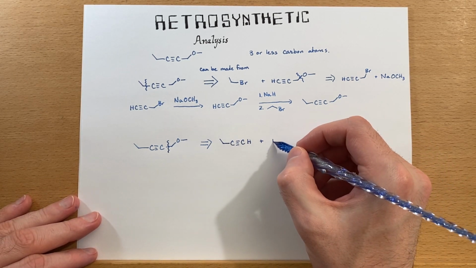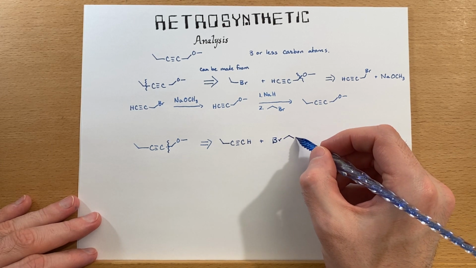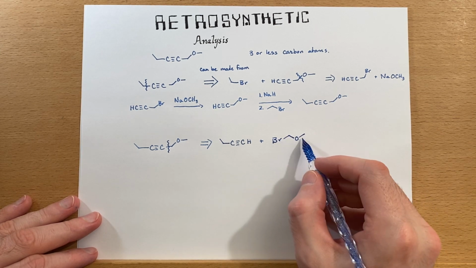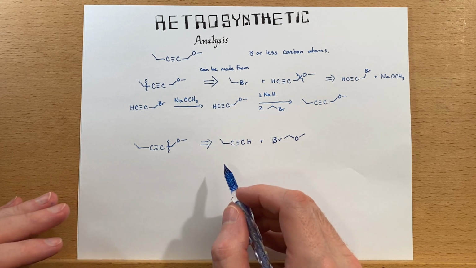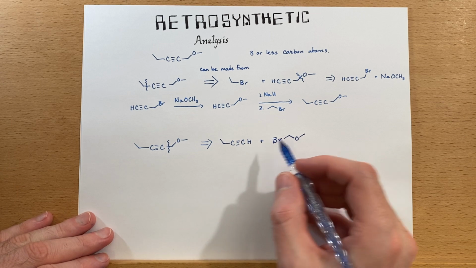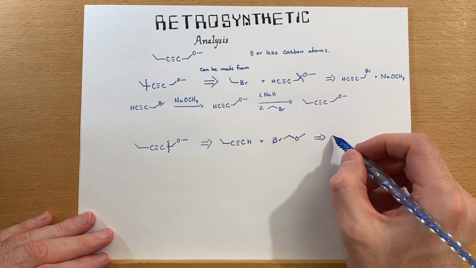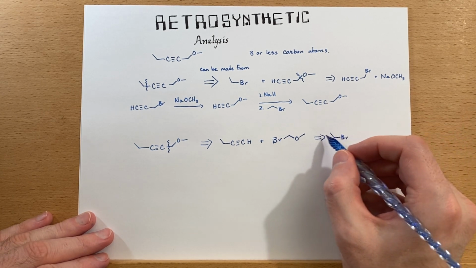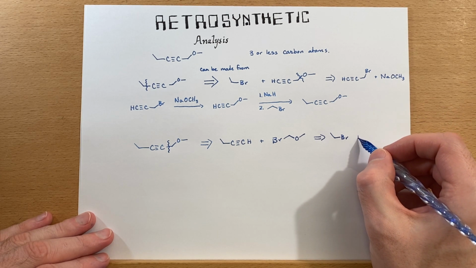So we'll just put a leaving group over on the other molecule. This only has 2 carbons in it, so we're good on that one. This one has 1, 2, 3, 4. So by our own rules, we're going to have to break this part a little bit more. So we could say that could be made from the bromoethane and let's just say acetylene.